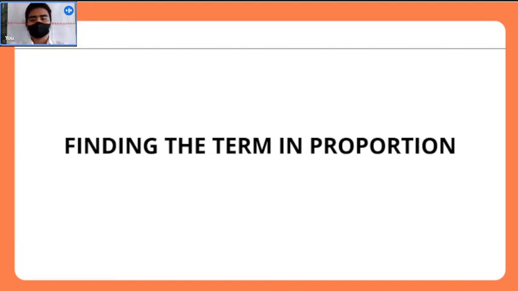If we have a missing term in our proportion, usually what we do is to represent that missing term as a variable. Are you aware of the variable? No? Alright. A variable is a representation of any number. So in this proportion, let us have a representation for the missing term as n.